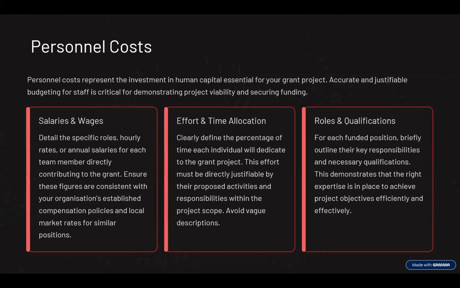So from these 40 hours, how many hours are you allocating for this grant project? That's where you now get the percentage. If the person is allocating 100%, that means the person is giving 100%. If it's 80%, you put it there.